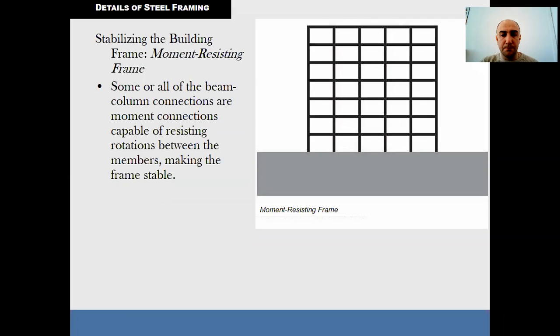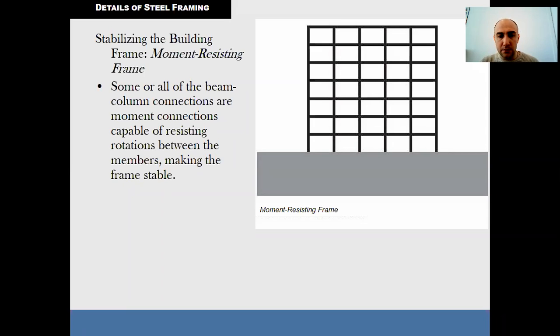The frames in these structures are H shapes built up from plates, and L and Z sections can also be used.